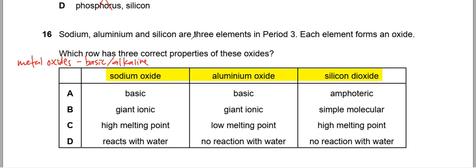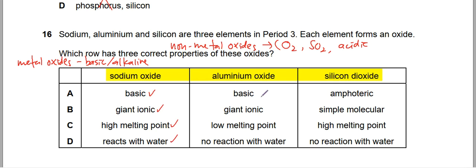Non-metal oxides, like CO2 and SO2, are acidic, so they dissolve in water to form acidic solutions. Sodium is a metal, so it forms a basic oxide. Giant ionic lattice, yes. High melting point and reacts with water, yes.